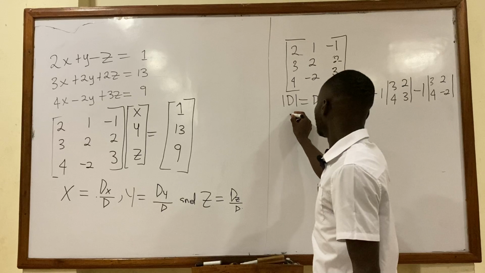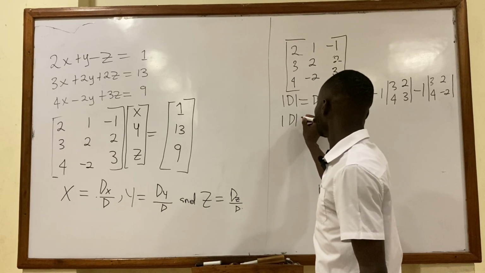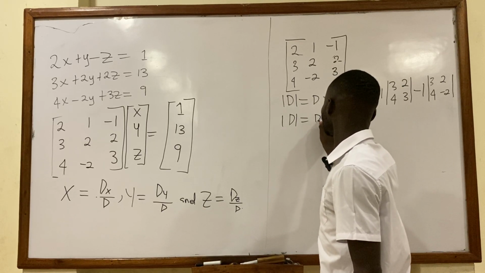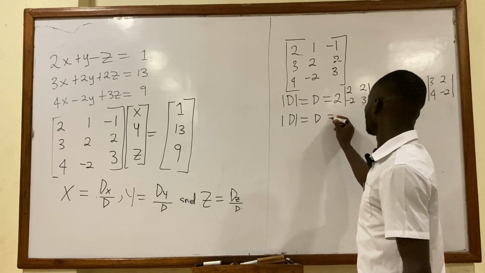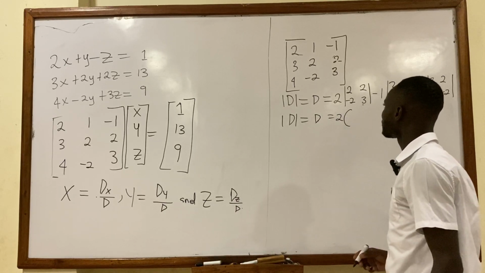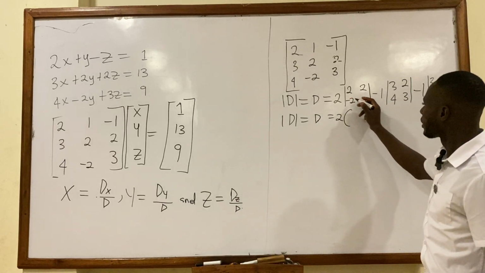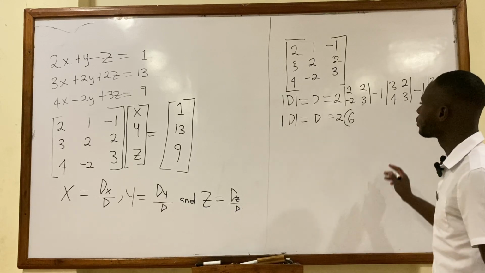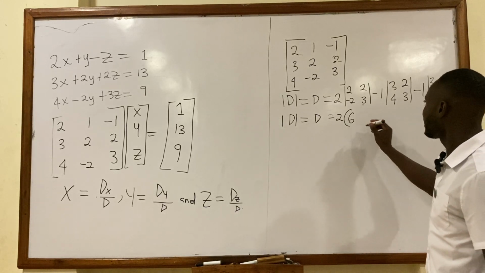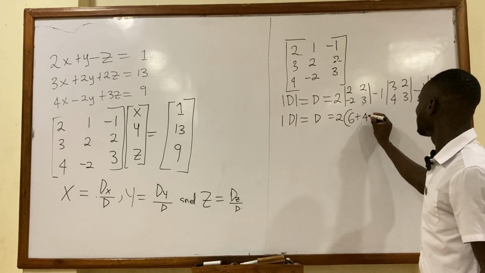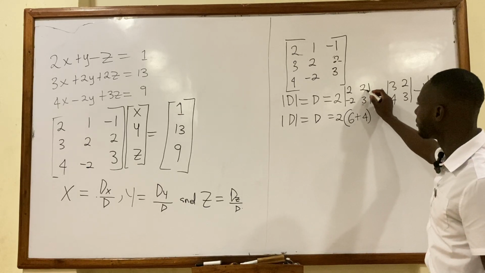So now the D, which is equal to the determinant, is equal to 2 into, this will give us 6, right? 2 times 3 is 6, and then plus 4, because this is going to be minus 4.